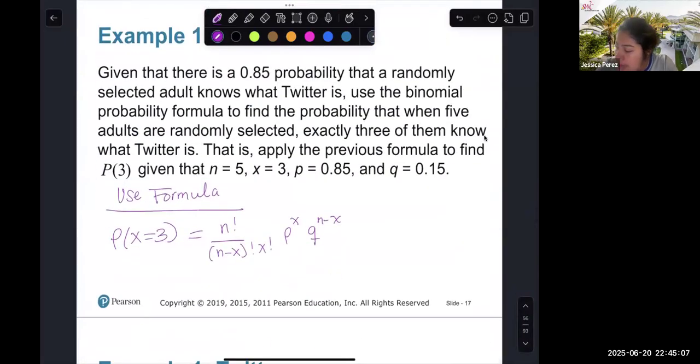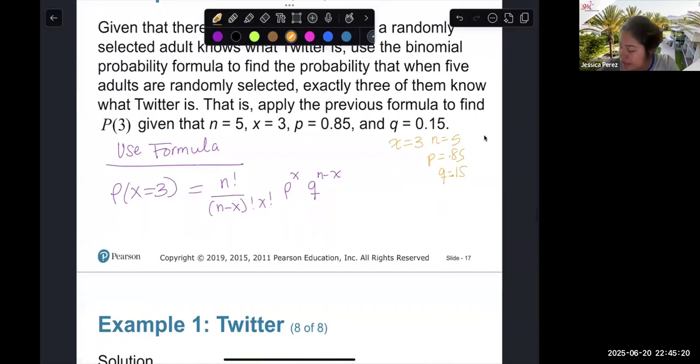Now we're going to substitute x to be 3, n to be 5, p to be 0.85, and q to be 0.15. And you may use your calculator for this. So we have 5 factorial over 5 minus 3 factorial, 3 factorial, times 0.85 raised to the third, times 0.15 raised to the 5 minus 3.